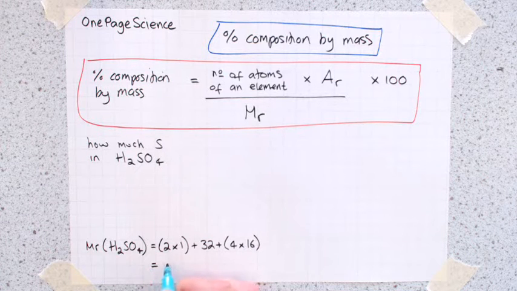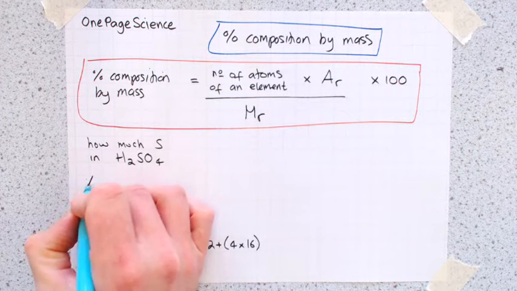And that comes to 98. Do that as a little side calculation. That will usually get you a mark within this question anyway, so it's worth doing, laying it all out so you don't miss anything.